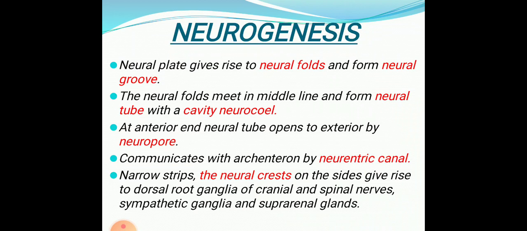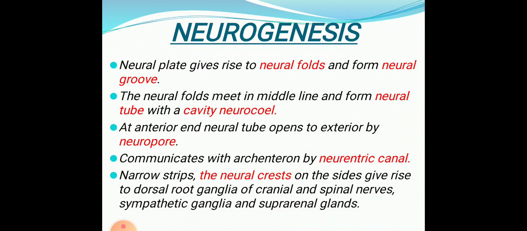In the gastrula, the presumptive material for the nervous system lies in the mid-dorsal line, already seen in the last diagram, called the neural plate. This neural plate extends from the dorsal lip of the blastopore to the anterior end. Soon the edges of the neural plate become thick and raised as neural folds.